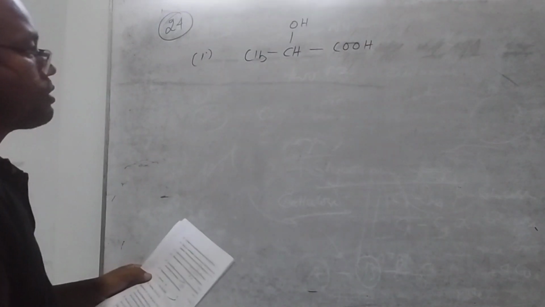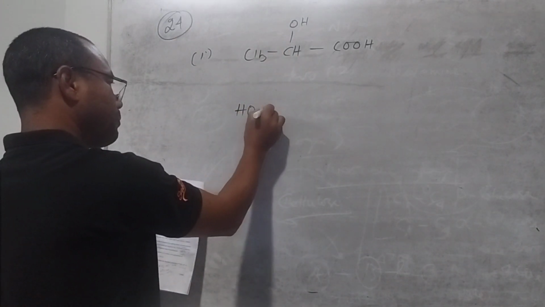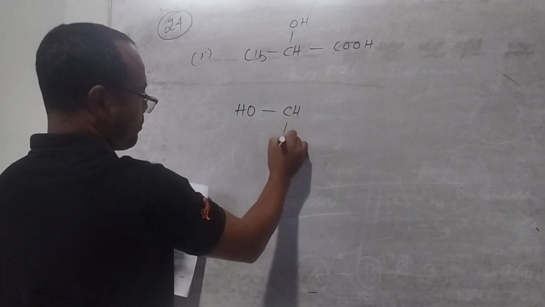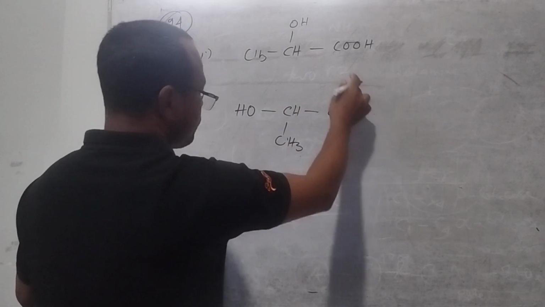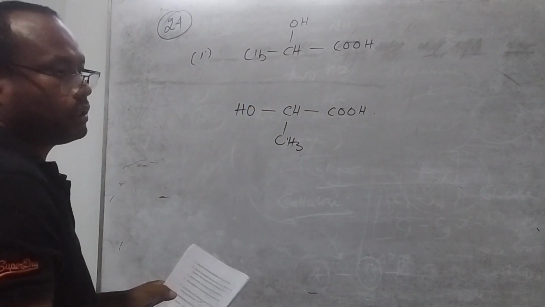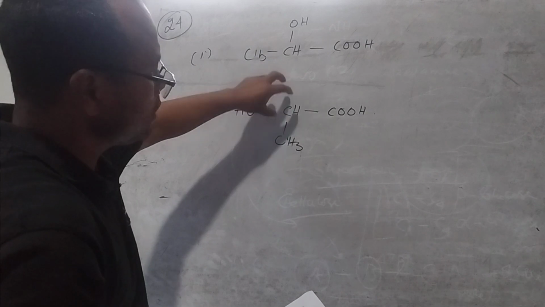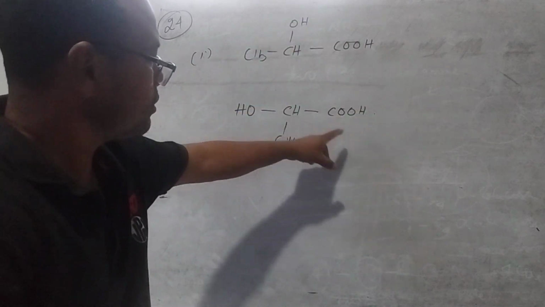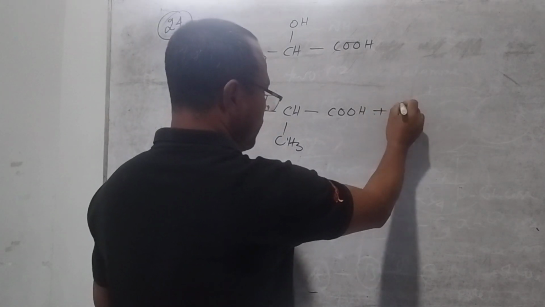Instead of writing this structure, let me write like this. See, this is the same thing, right? Now this monomer joins with another monomer. How does it form?